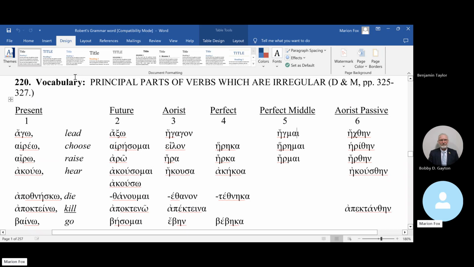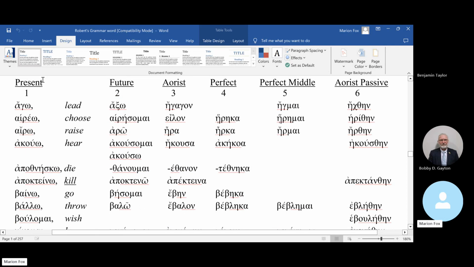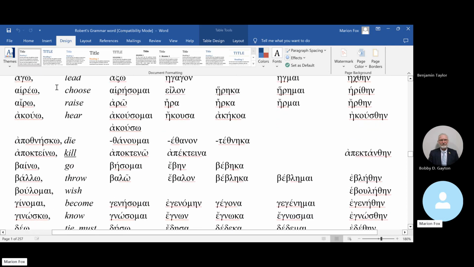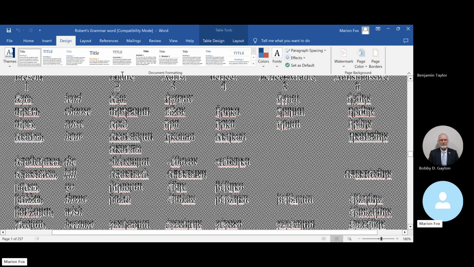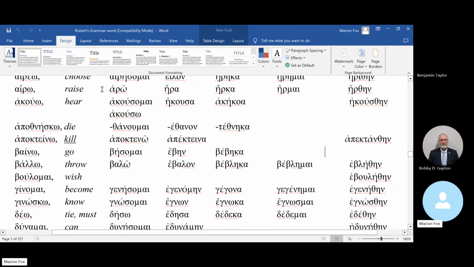Let me find another word down here. Bino. Bino changes in that first column, future, aorist, perfect. It changes here, here, here. But over here and here, it doesn't change. So bino in the perfect, middle, and aorist passive is standard form. Does that help how you read the table?